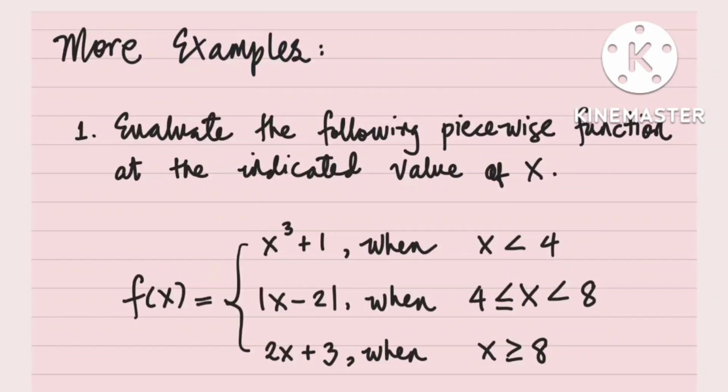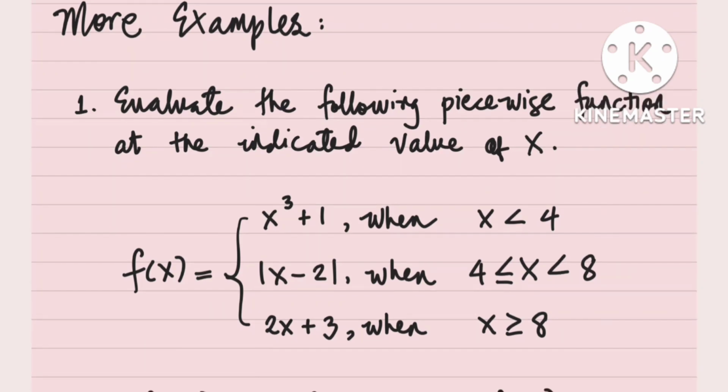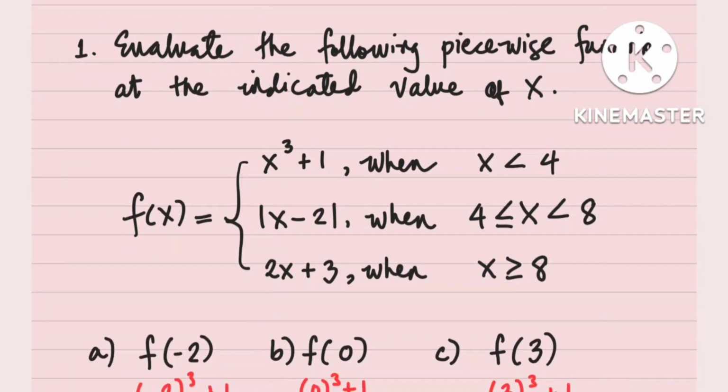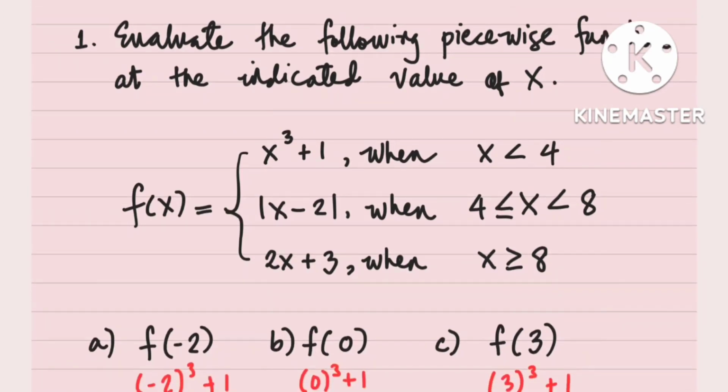So those are the most important things that you need to know about piecewise functions and floor and ceiling functions. Now let's try to solve more examples. Let's say we're asked to evaluate the following piecewise function at the indicated value of x.